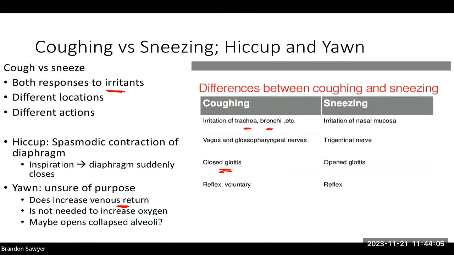That was what people generally think it's doing, maybe having low oxygen for some reason, and that's why you're taking that big deep breath. But there's also some thought that maybe this helps to open up alveoli that have collapsed, because we've got so many million of those. Some might be collapsing all the time, and that might open them up. But we don't really fully understand why that happens.